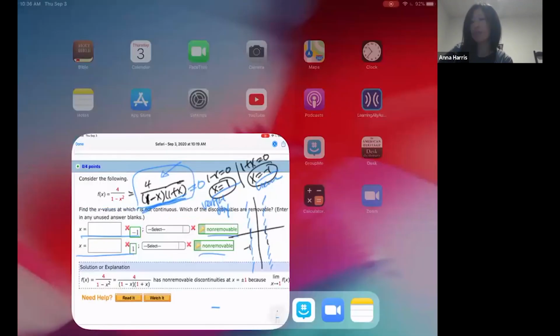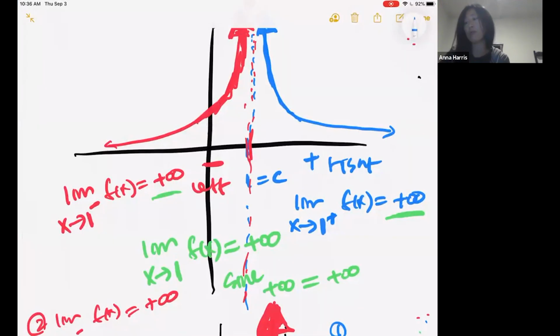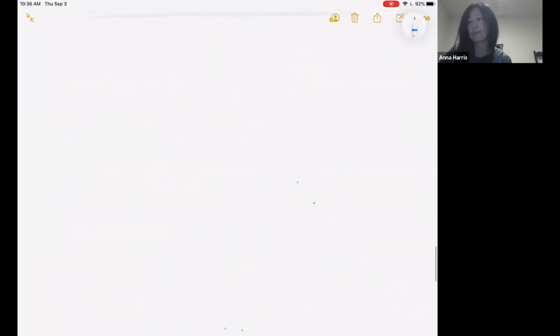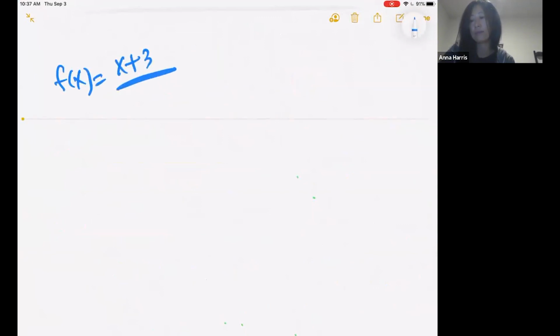Okay, I just want to make sure that you understand the difference between non-removable and removable discontinuity. So if I give you this function, can you tell me which two x values I cannot use? There are 2 values that I cannot use because they will make the denominator equal to 0.